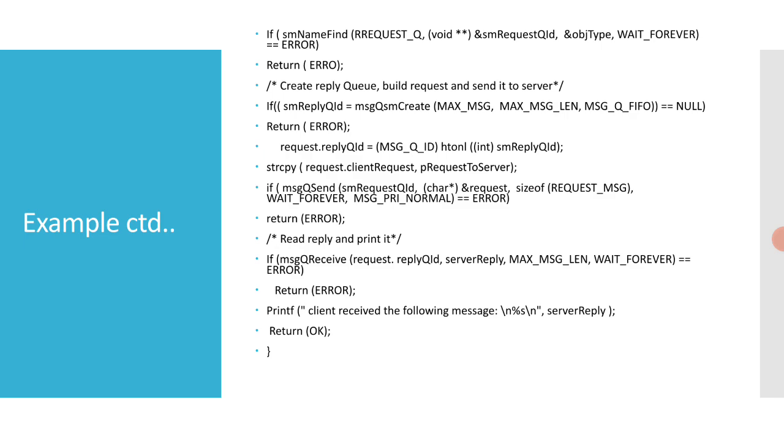The server gets the ID of the reply queue and uses it to send a message back to the client. The technique requires the usage of network byte order conversion macros like HTONL. Here you can see we are using HTONL at request.reply_QID and NTOHL because the numeric QID is passed over the network in a data field.